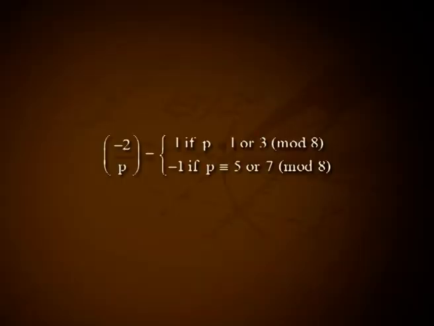Example 5. For an odd prime p, show that (-2/p) is equal to 1 if p is congruent to 1 or 3 mod 8, and equal to -1 if p is congruent to 5 or 7 mod 8.